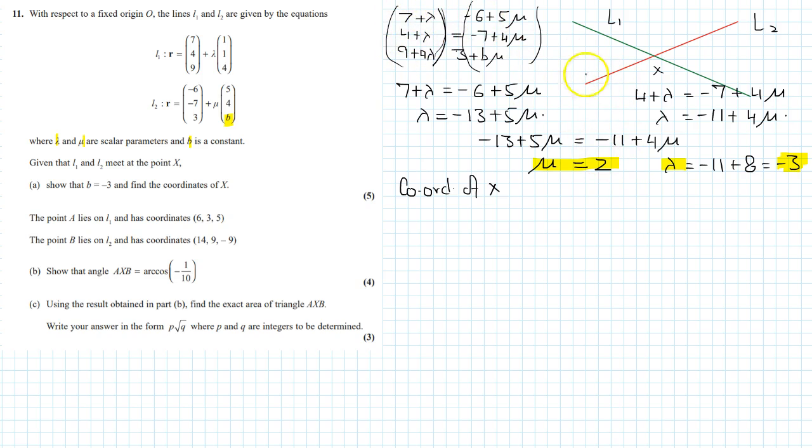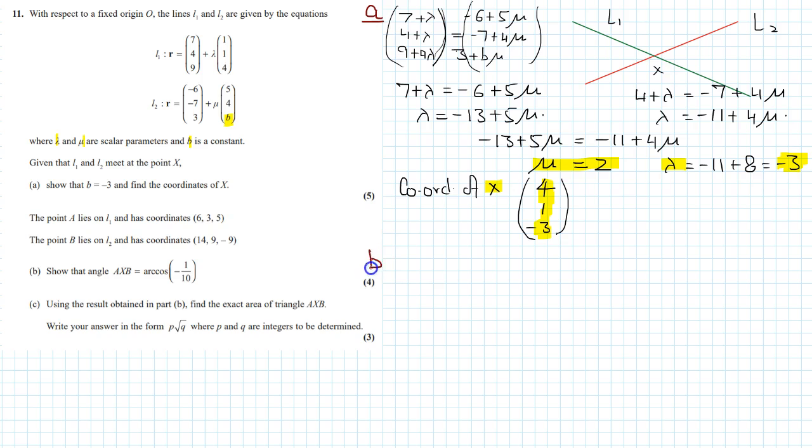So 7 minus 3, that is 4. 4 minus 3, that is 1. And 9 minus 12 is -3. So these are the coordinates of X. This is your part A.